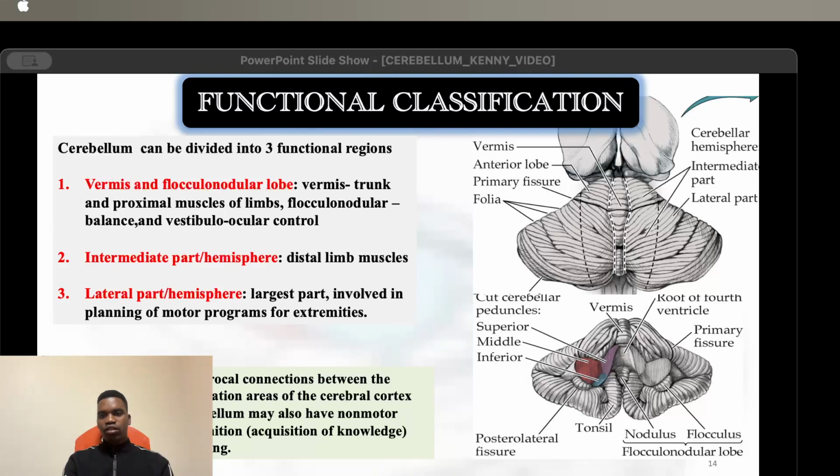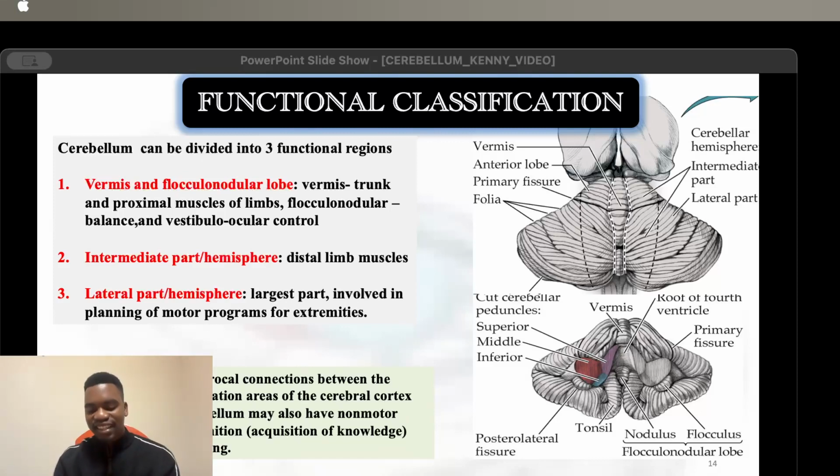The vermis together with the flocculonodular lobe form the first functional part of the cerebellum.